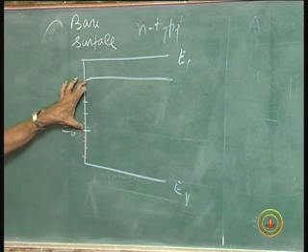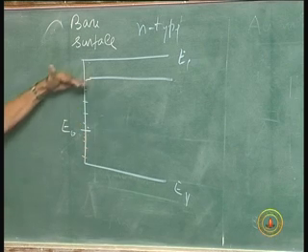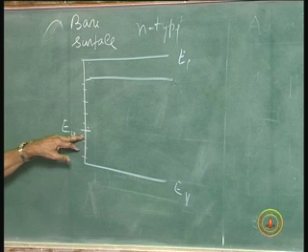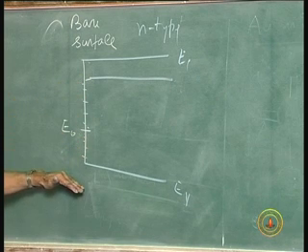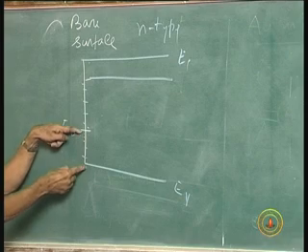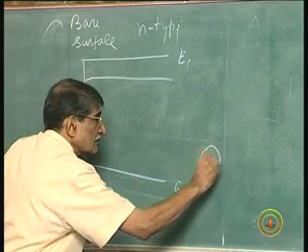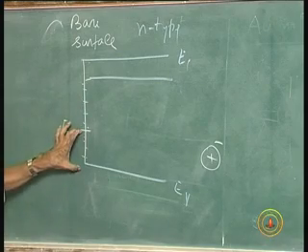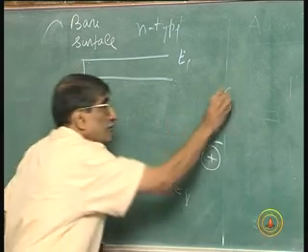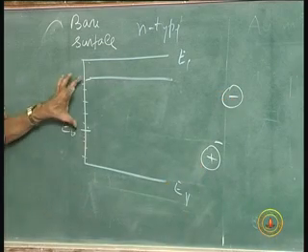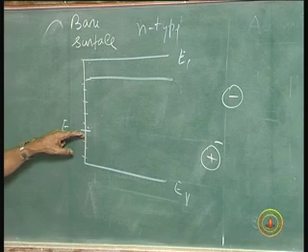What is the charge on the surface? The Fermi level is above the neutral level. All the levels below the Fermi level are occupied. What is the charge state of this? Donors are occupied, neutral. These are acceptors occupied by electrons, negative. So, this is negative charge. All these states are negatively charged.